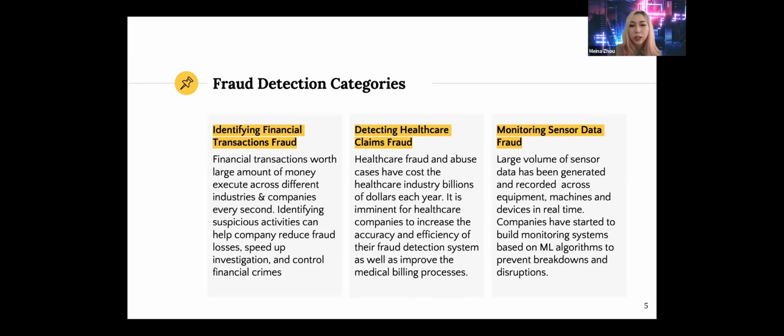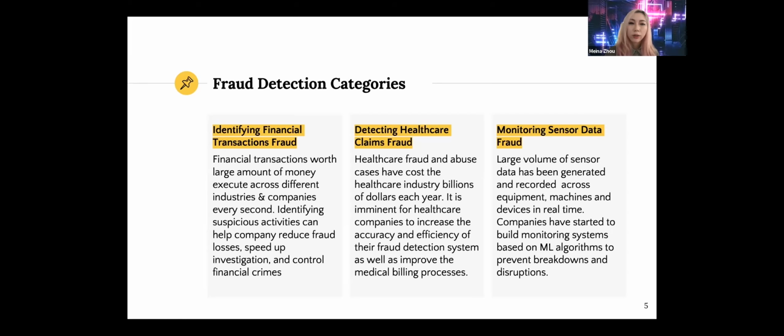It is really imminent for those companies to increase the accuracy and efficiency of their fraud detection system, as well as to improve the medical billing processes. If they increase the efficiency and accuracy of their fraud detection system, this will help them to save a lot of money. And then the third category is called monitoring sensor data fraud.